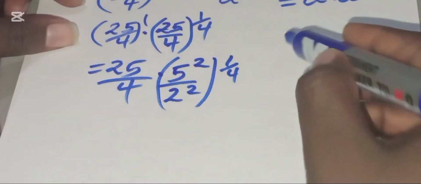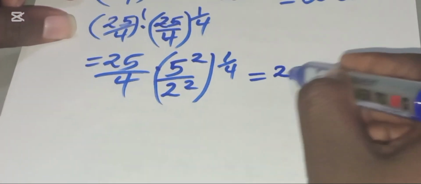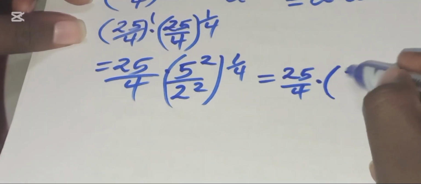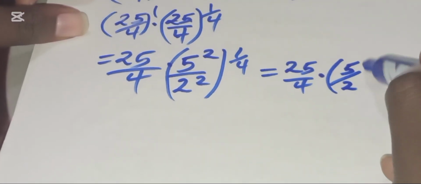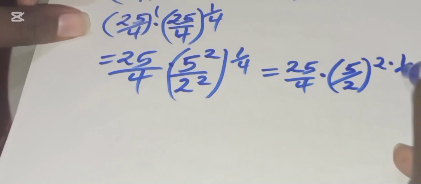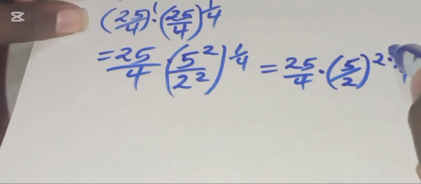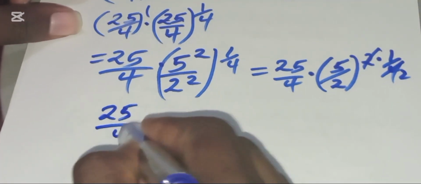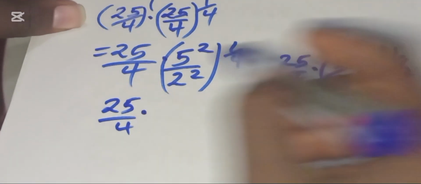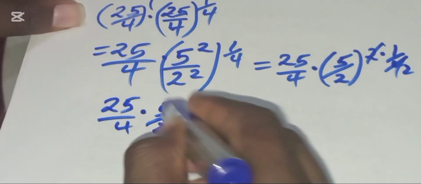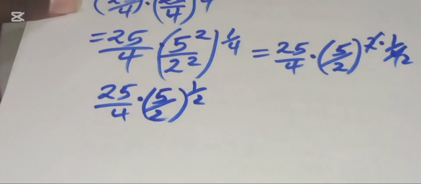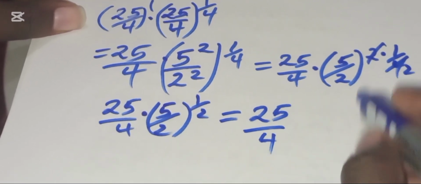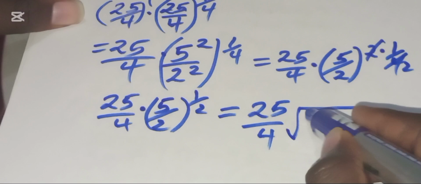Now this is the same thing as 25 divided by 4 multiplied by 5 over 2 raised to power 2 multiplied by 1 over 4. Okay? Now let's simplify here, so that we'll have 25 over 4 multiplied by 5 over 2 raised to power half. Okay, now this can also be expressed as 25 divided by 4 multiplied by the square root of 5 divided by 2.